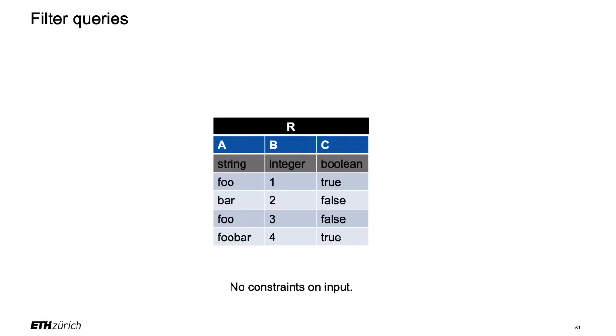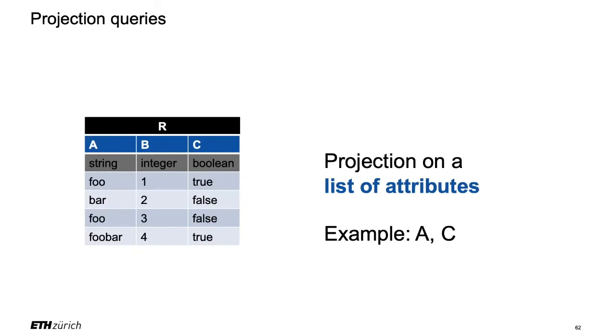I don't actually have any constraints on the input. I can pretty much take any relational table as long as it fulfills my three constraints: domain integrity, relational integrity, and atomic integrity. Okay. So here's a relational table, and I'm going to do what is called a projection.